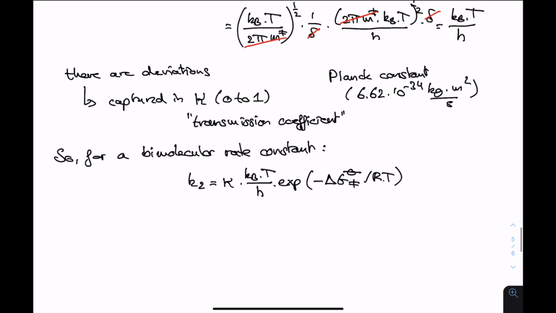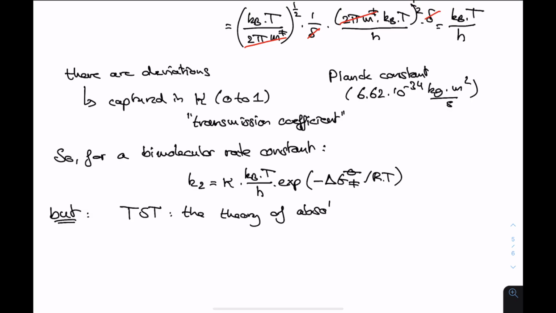right? So, transition state theory is also called the theory of absolute reaction rates.